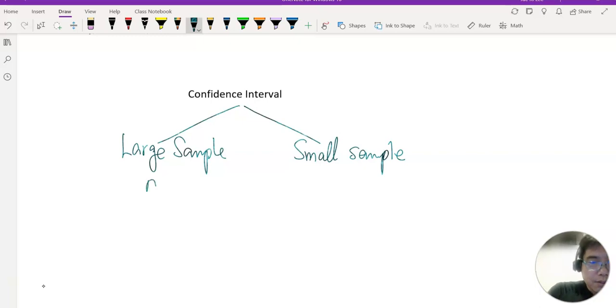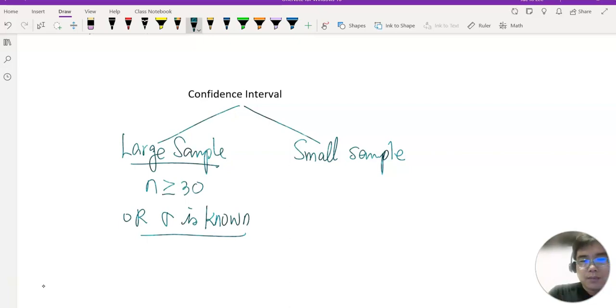If sample size n is bigger than or equal to 30, we consider it a large sample. Or even though n is small, if sigma, which is the population standard deviation, is known, then we are using the large sample case.